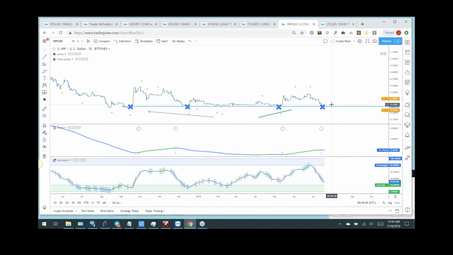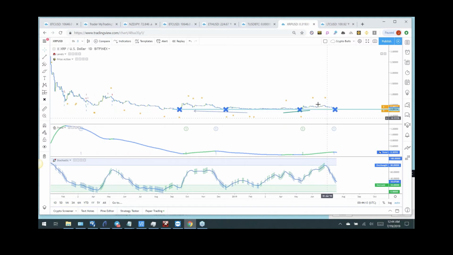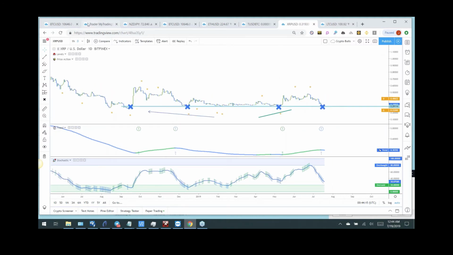So this is one here to keep an eye on. I don't think it's going to go to zero, but any price below this 30 most likely will hold. And this is another good one to put into your cookie jar, which is on the Ripple.